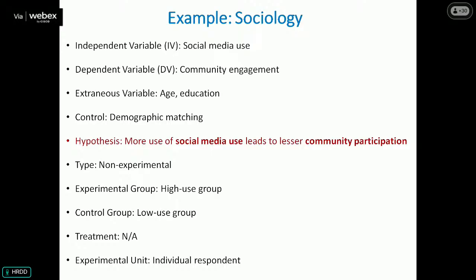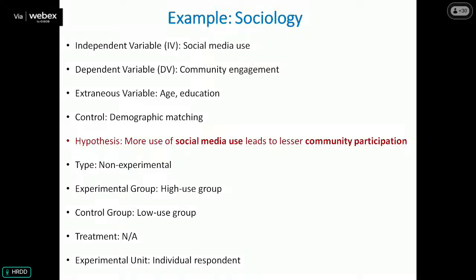So the hypothesis says that the more you use social media, the less community participation. Suppose something is going on in society, some function, your community has a social gathering, and you are not participating in it, you are trying to avoid it. I'm happy on Facebook, I'll just see it on Insta.